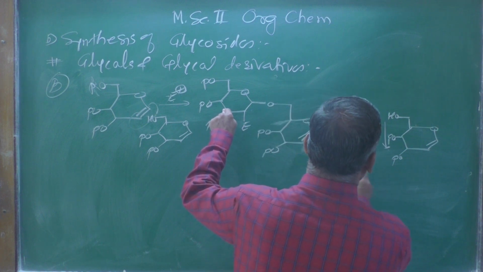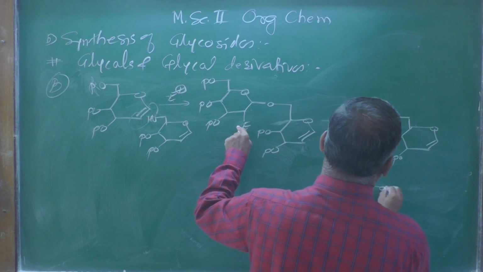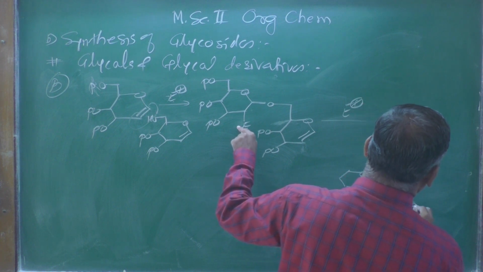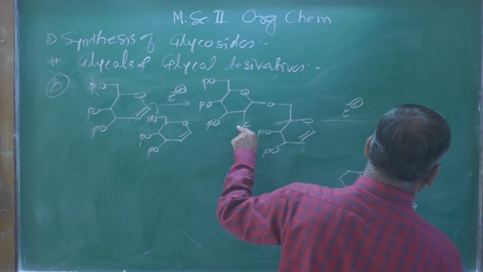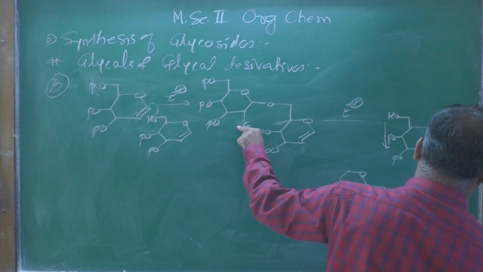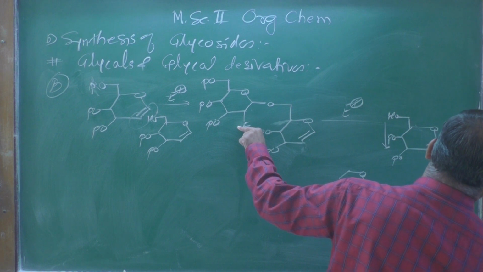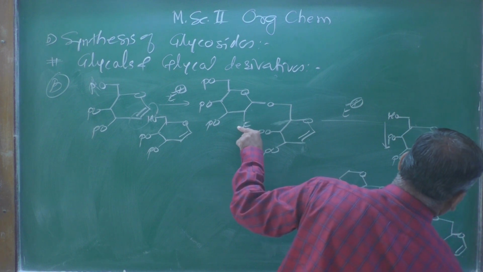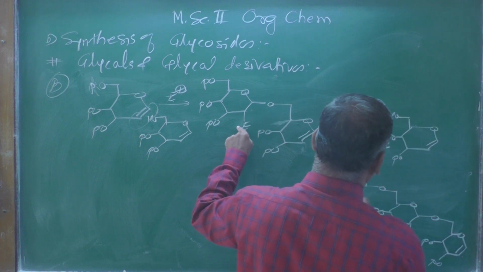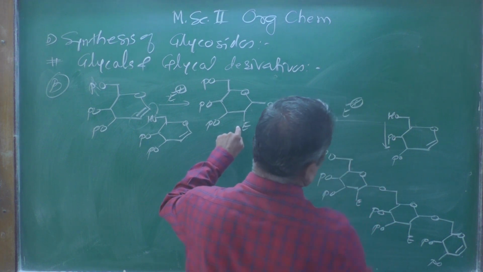Once again this one O, so the electrophile is here, oxygen, then here you are going to get this one, electrophile, oxygen atom, and then again O there, this one double bond, here is a PO, here also a PO, here PO, here also a PO, here PO, here also a PO, and here you will get a PO.